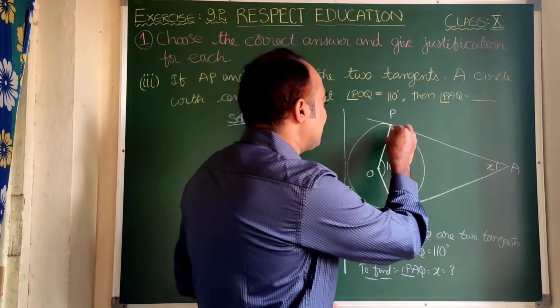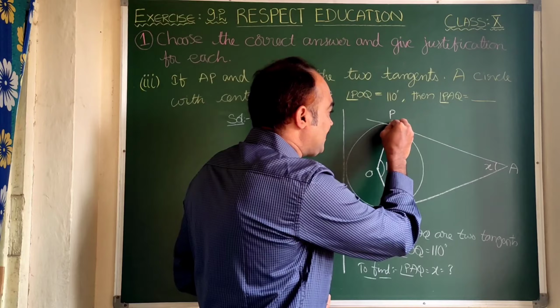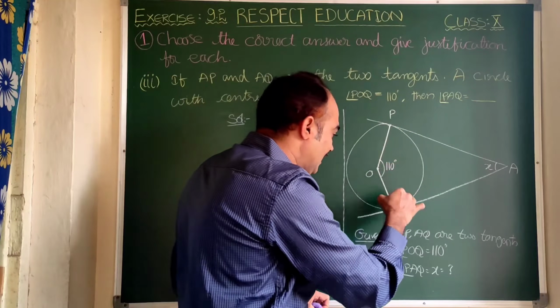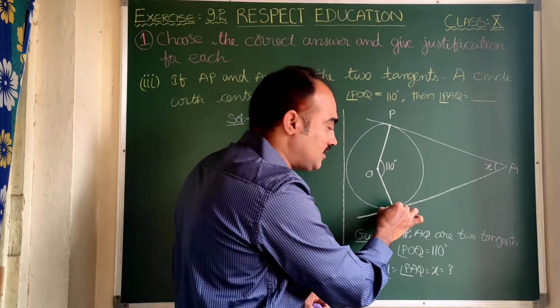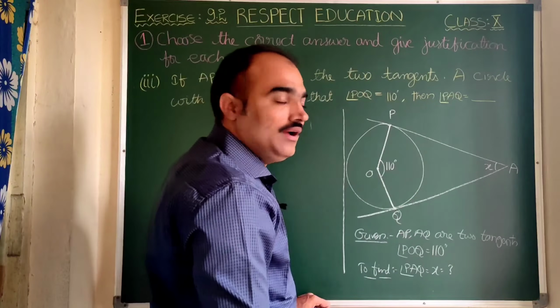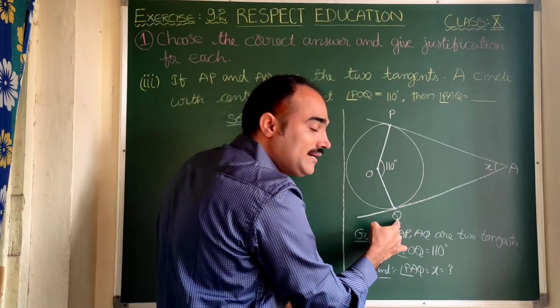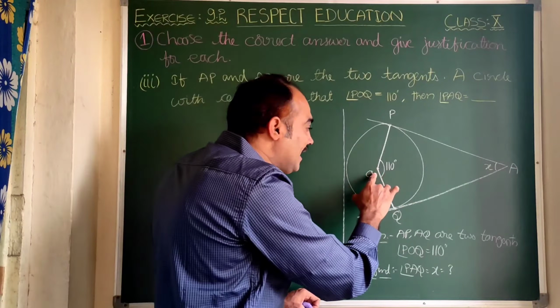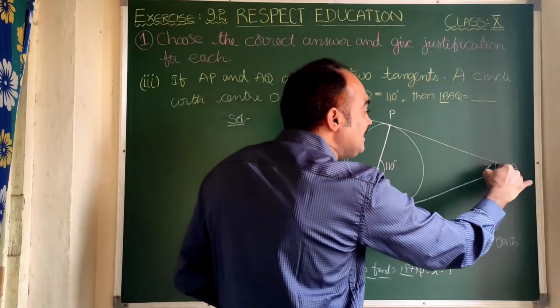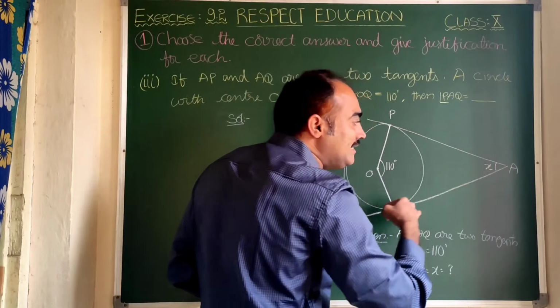Actually, see here, this is the point of contact P and this radius OP, and this is also point of contact Q and this is radius. Now this is the angle made by the points of contact at the center, and this is the angle made by the tangents.